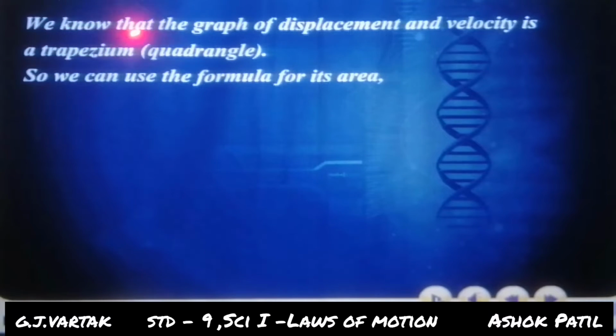We know that the graph of displacement and velocity is a trapezium, a quadrilateral. So we can use the formula for its area.